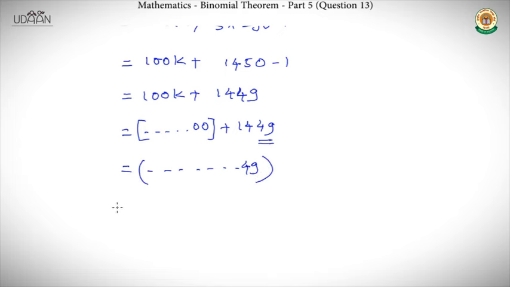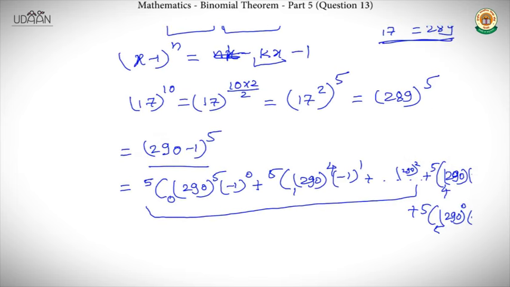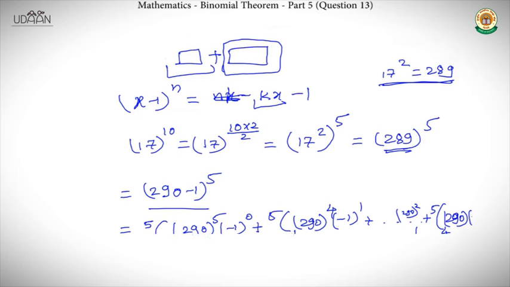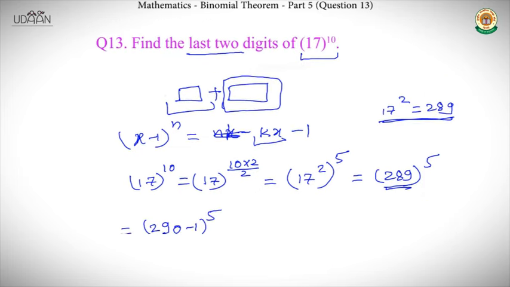So the last two digits are 49. The main catch of this problem is which power of 17 gets closer to a number which is divisible by 10. Okay guys, we'll move on to the last question now.